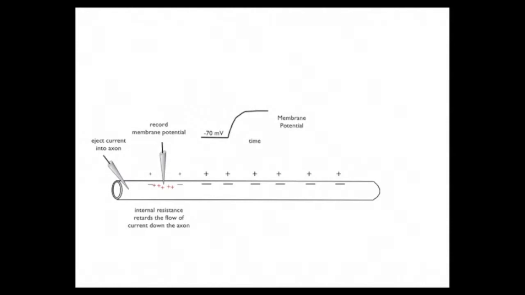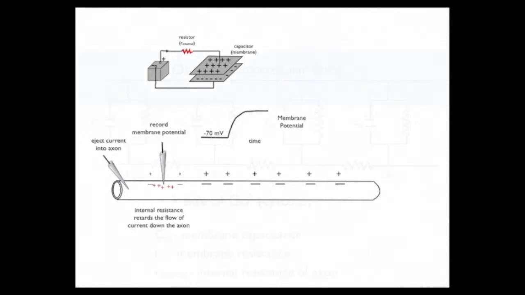It acts just like the resistor in this resistive capacitative circuit. Hence, the membrane has what's called a time constant. That is, it takes time for the membrane to change its charge. That is, it takes time for the membrane potential to change when current flows down the axon.